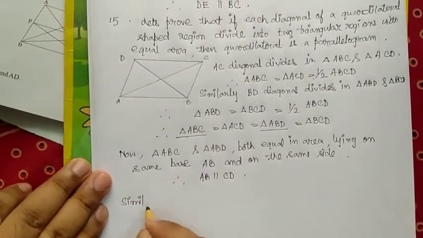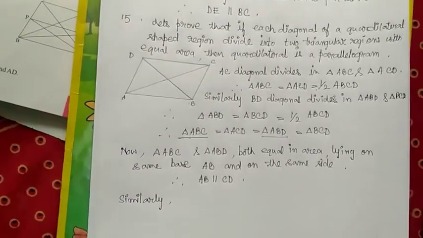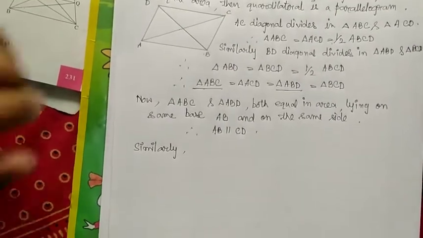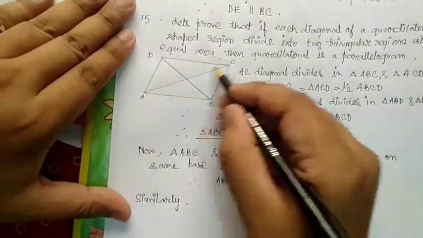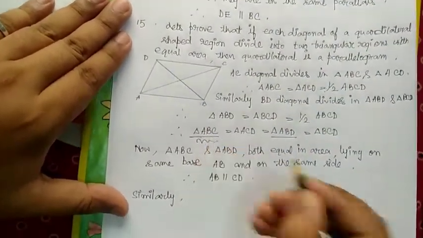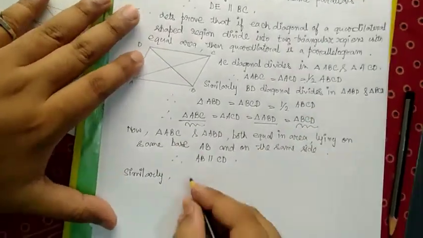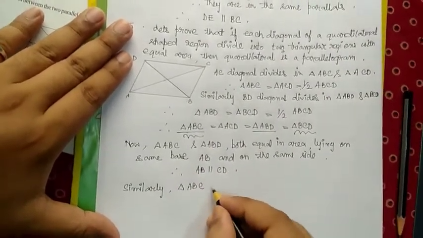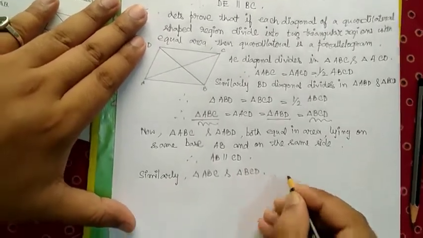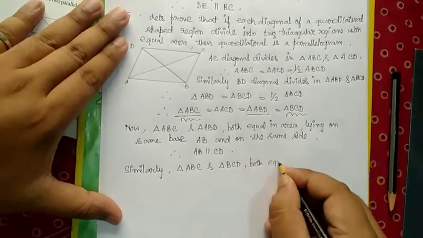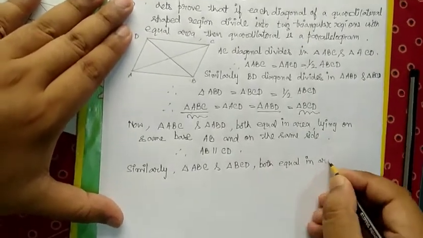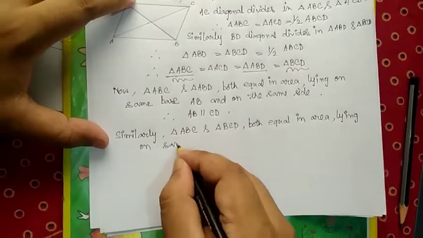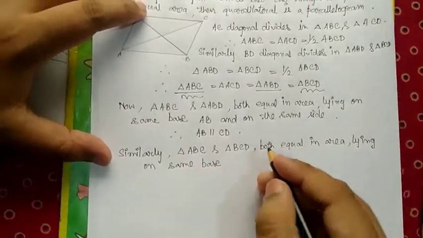Similarly, we can also say that triangle ABC and triangle BCD, these two triangles, both are equal in area, lying on the same base BC and on the same side.